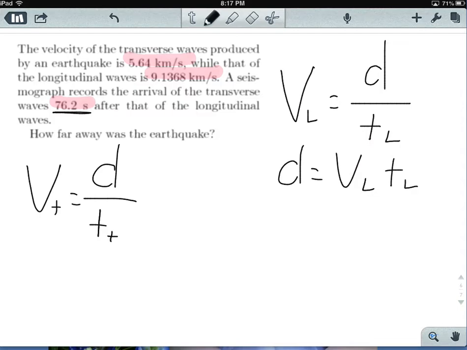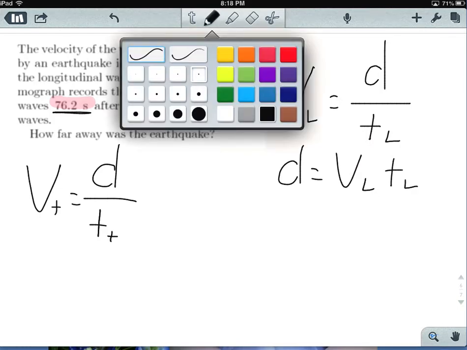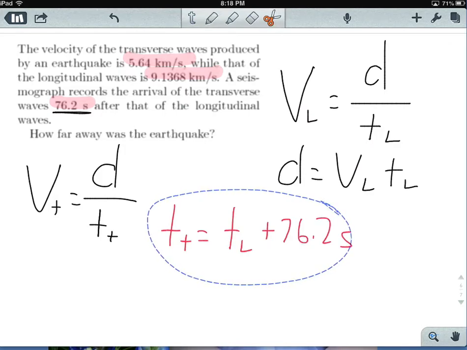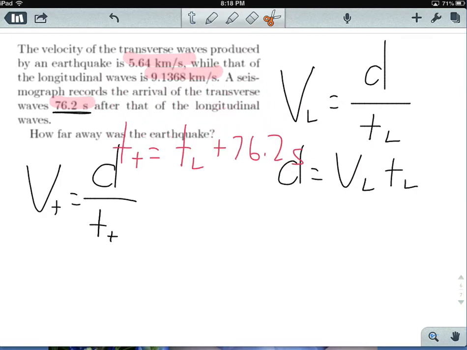So the time of the transverse wave equals the time of our longitudinal wave plus 76.2 seconds. That is the time we're going to use when we plug it in.